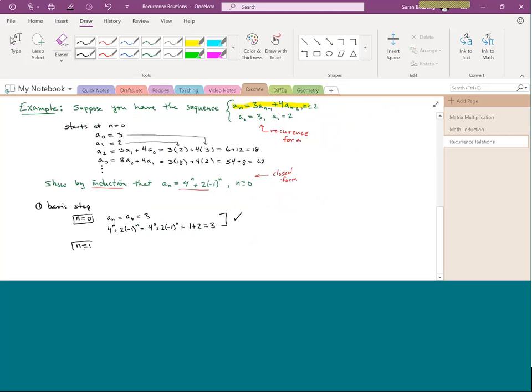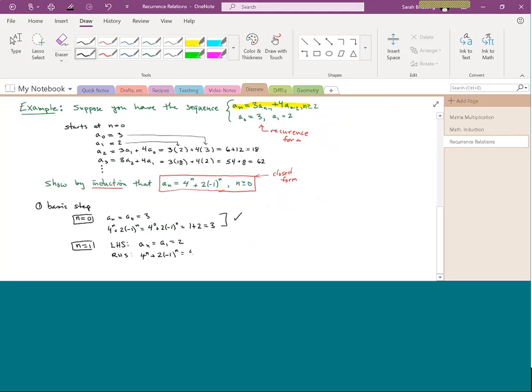So here on our left-hand side of our formula, we're looking at a_n. Well, n equals 1, so that's a_1. That was a term that was given to us, or a 2. If we then look at the right-hand side of the formula we're trying to prove, we're looking at 4^n plus 2 times (negative 1)^n, but now our n equals 1.